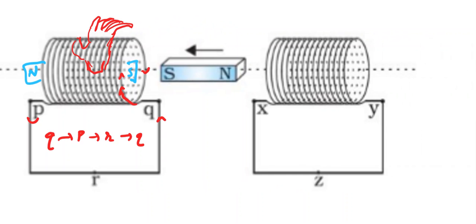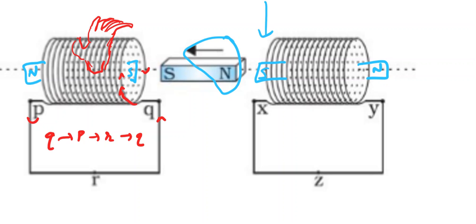Now for this second coil, as north is receding from the coil, this XYZ coil must have south induced here and north here. Then only it will be able to control the change. The change is north is going away, so how to stop it? So produce south pole here.